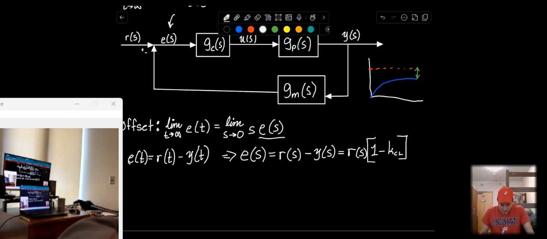So at this point, r of s is our set point, right? So we just need to figure out what is k of the closed loop. And if we can get k of the closed loop to always be 1, then there would obviously be no offset here. It would be equal to 0, right?